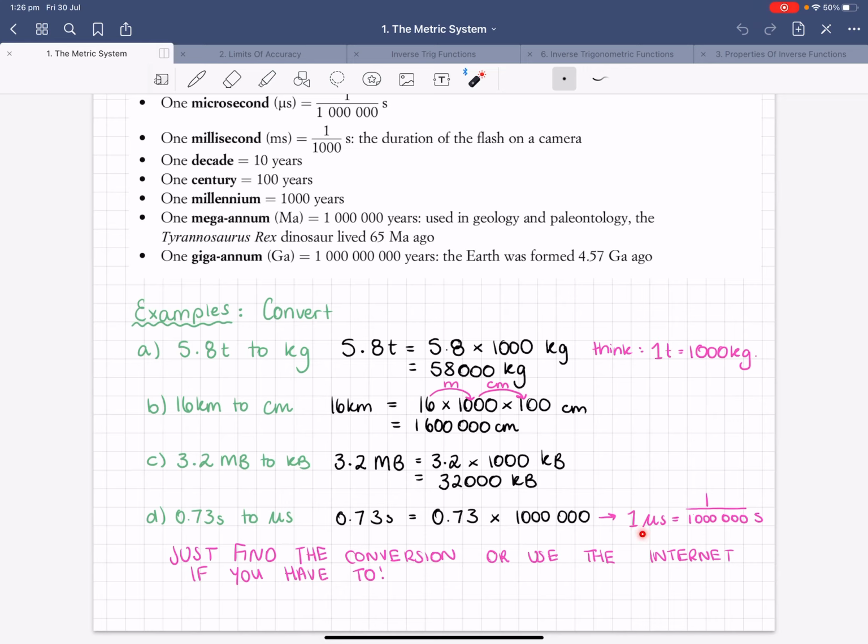Because 1 microsecond is a millionth of a second, if we want to work out seconds in microseconds, it's kind of like an equation. To get seconds on its own, we would multiply through by 1,000,000, and then multiply the other side through by 1,000,000. So 1 second is 1,000,000 microseconds, because 1 microsecond is 1,000,000th of a second.